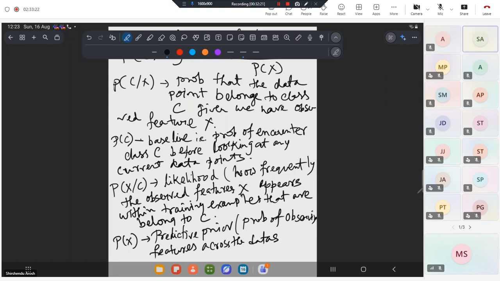So this is update. This is the predictive prior, basically the options you are getting. This is previous information and this is the output. Basically, you are expected, in terms of the given feature, okay, this is the class I should go for. So these things keep on updating during your training process.